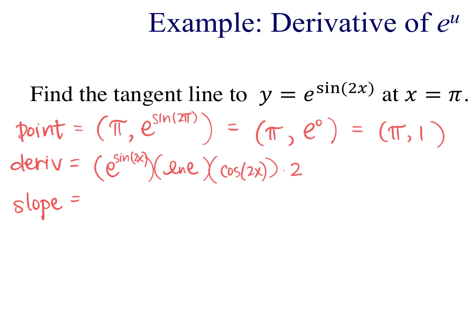So to find the slope, I'm going to plug pi into that. So I'll start with the number 2 because that's a constant. And then I'm going to put natural log of e to be 1. So that's my other constant. And then I think I'll put cosine of 2 pi in next. And then e to the sine of 2 pi.